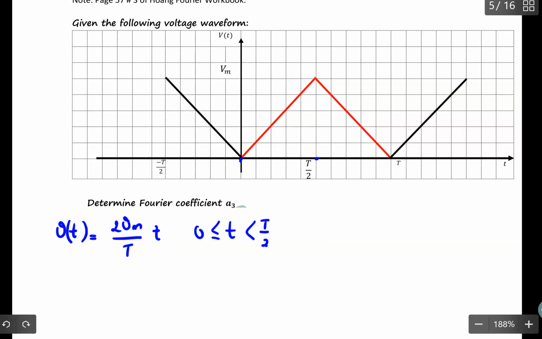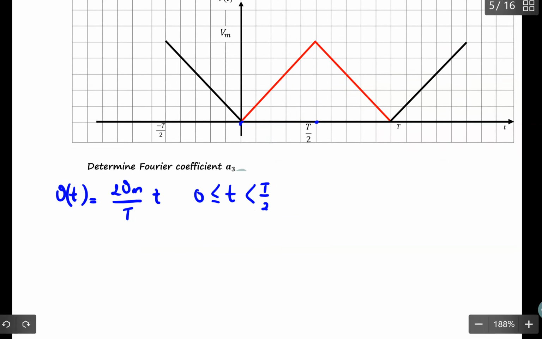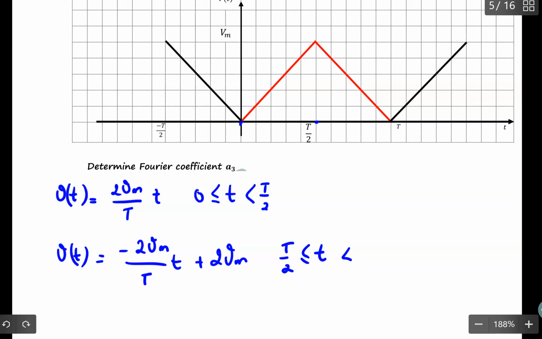And the other equation we have is V(t) equal to minus 2Vmax divided by T times t plus twice the Vmax, for t between T over 2 and T. So it is a split function, and we are using these values right here as the coordinates to figure out our two equations.